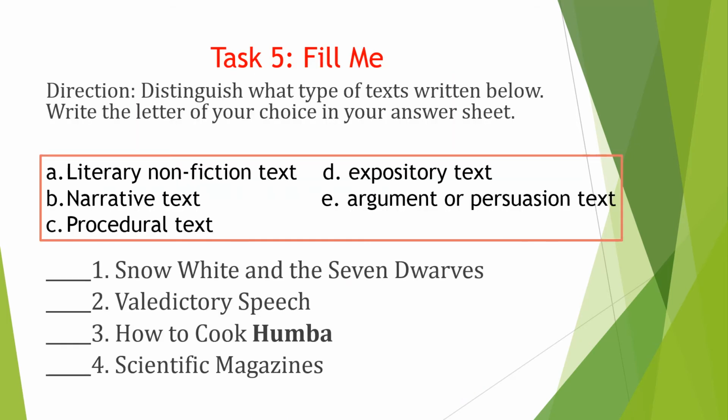For Task 5, Fill Me. Direction: Distinguish what type of text is written below. Write the letter of your choice in your answer sheet. Write A for literary nonfiction text, B for narrative text, C for procedural text, D for expository text, and E for argument or persuasion text.